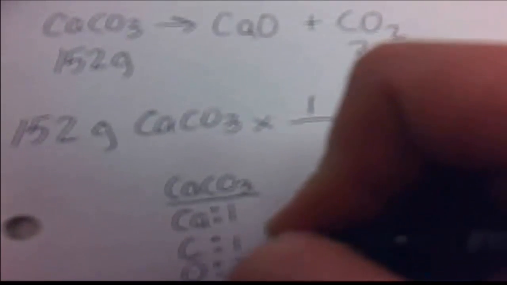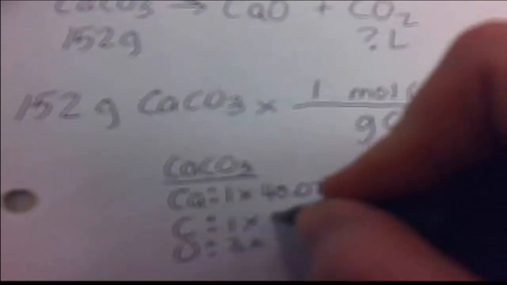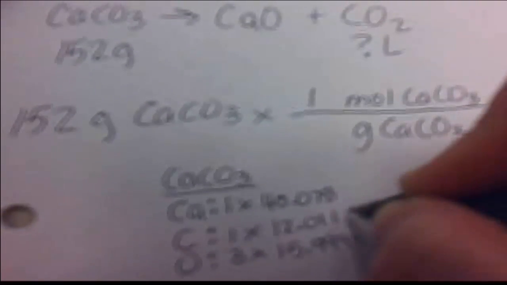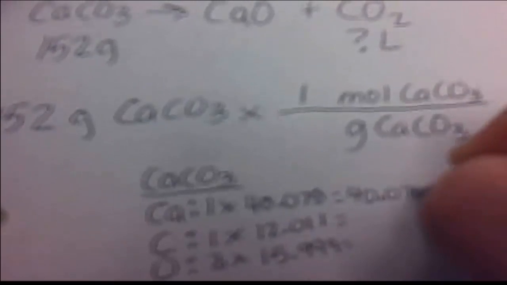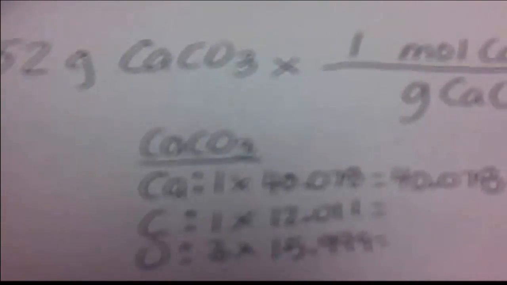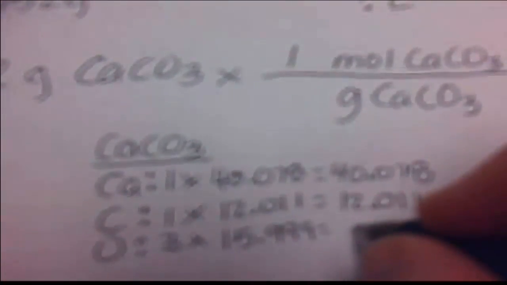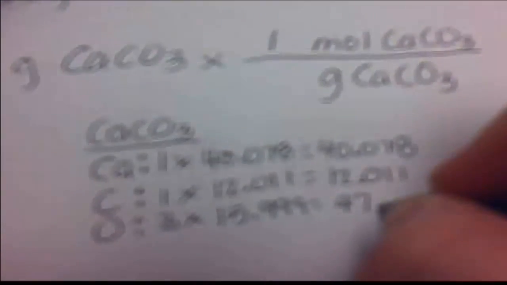So I come down here and write CaCO3: calcium is 40.078, carbon is 12.011, and oxygen is 15.999, and there are three of them, so that would be 47.997.